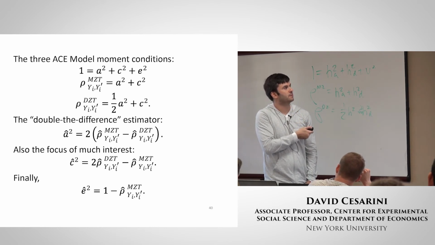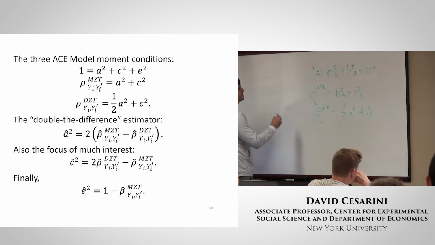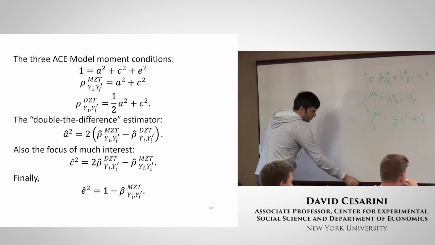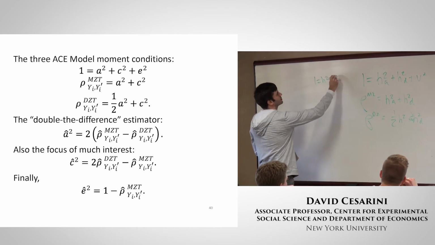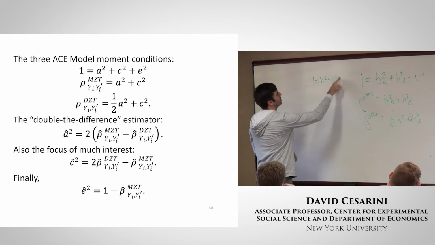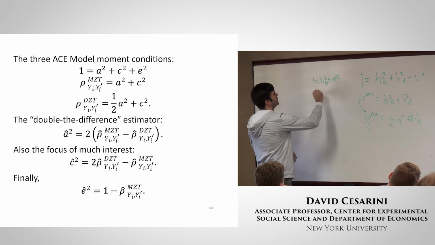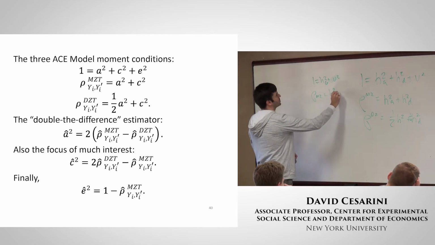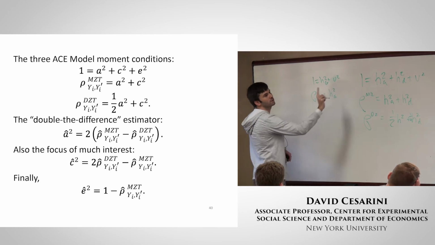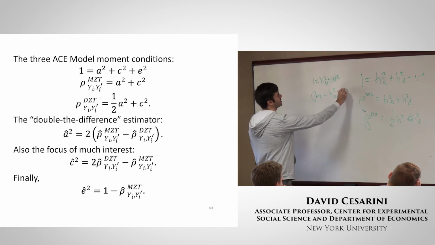Yeah, I mean, that's doing something similar. So your idea is to say, let's make the moment conditions H2G plus C squared. So we accept that there's some broad heritability. Let's just call it C squared for simplicity.